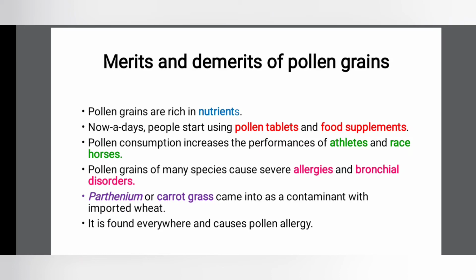Parthenium or carrot grass, as they call it, came into India as a contaminant with imported wheat. Long ago, when wheat was imported to India, this Parthenium came along with wheat grain as a contaminant. But now it is found everywhere and causes pollen allergy.